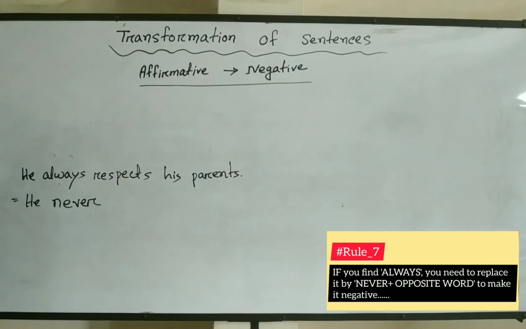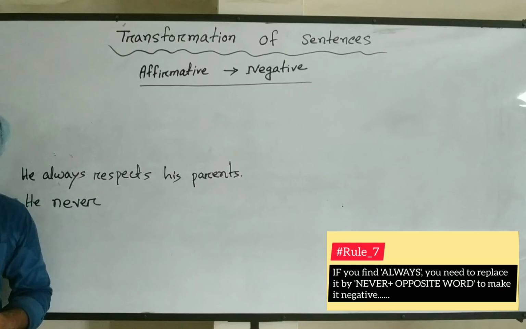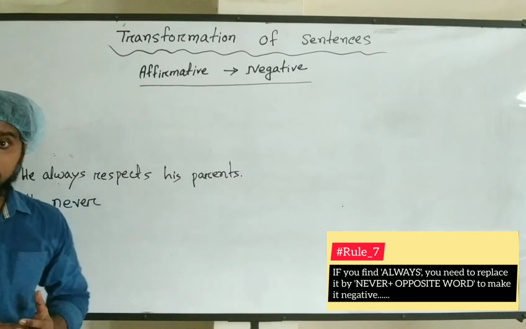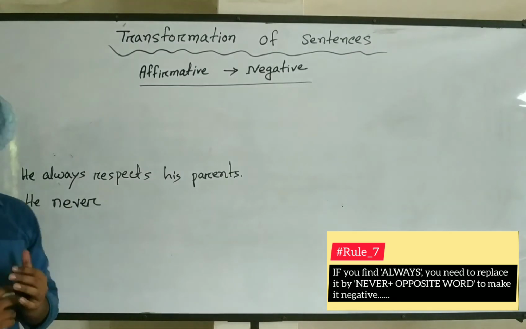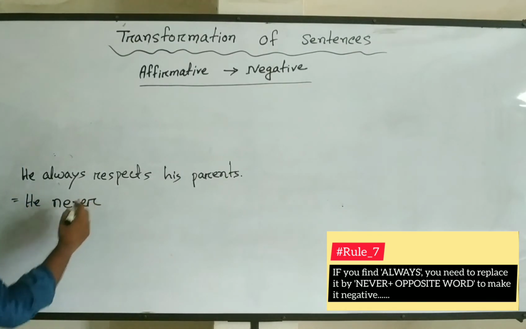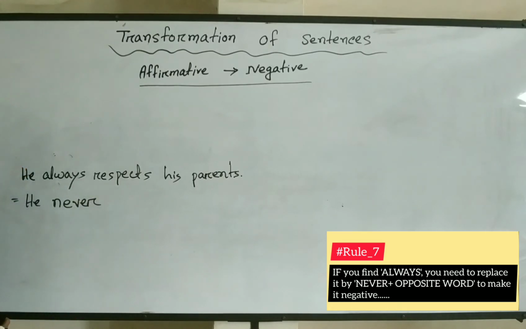and the opposite word. In the previous rule, we have learned that sometimes we may have to use the opposite word of an adjective, sometimes of an adverb, and sometimes of a verb as well. So respect, the opposite word of it is disrespect.